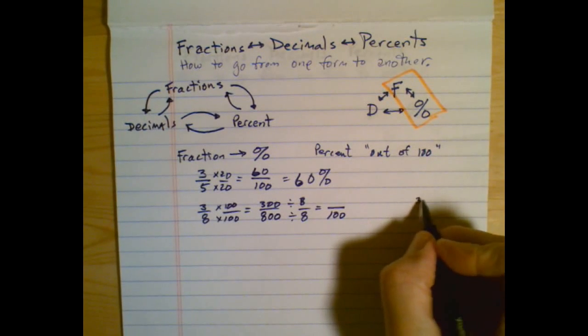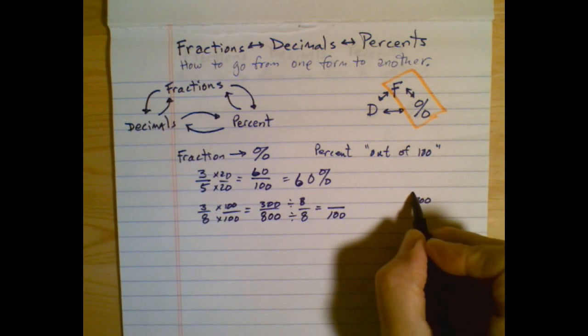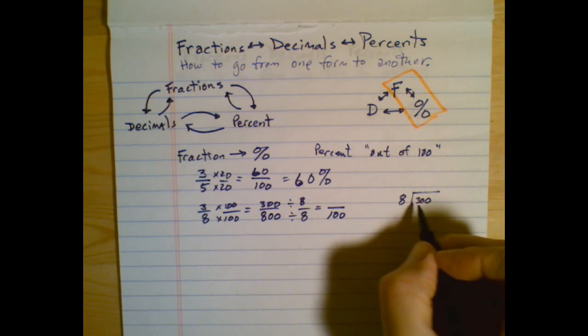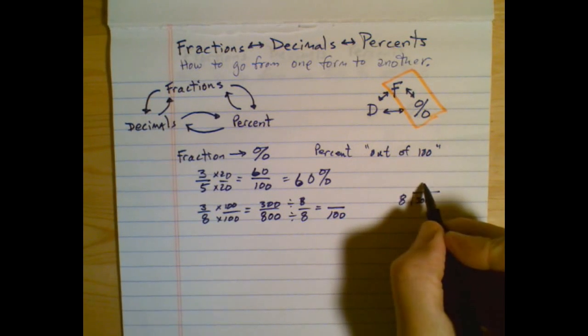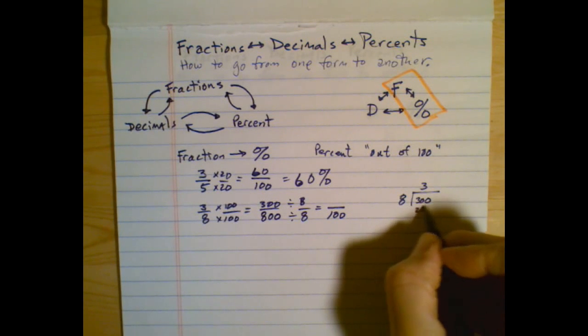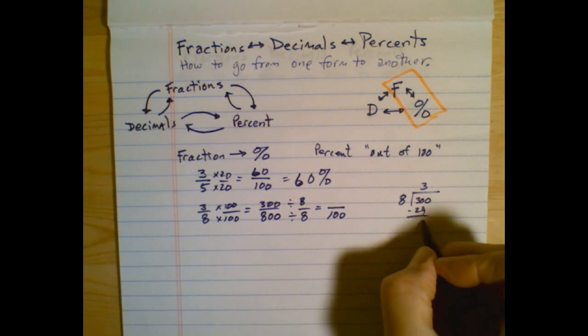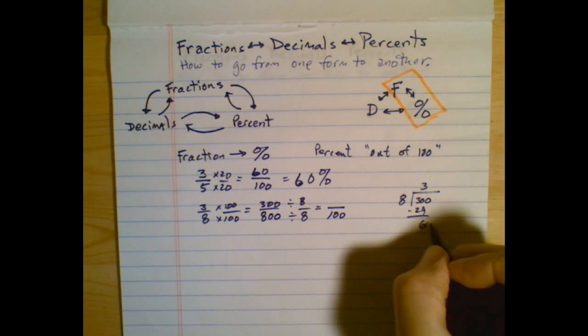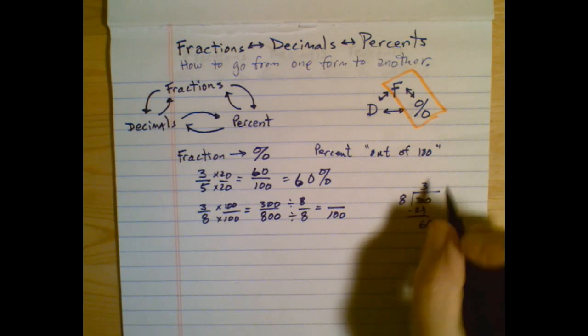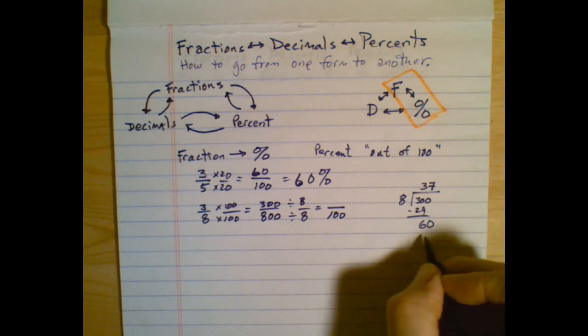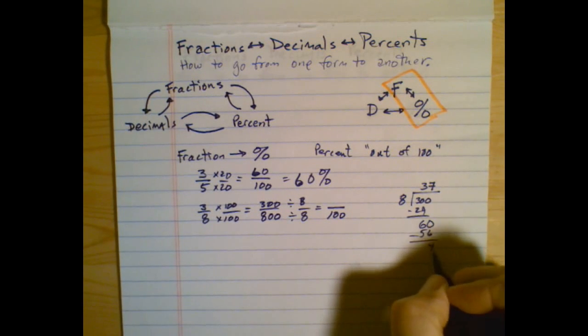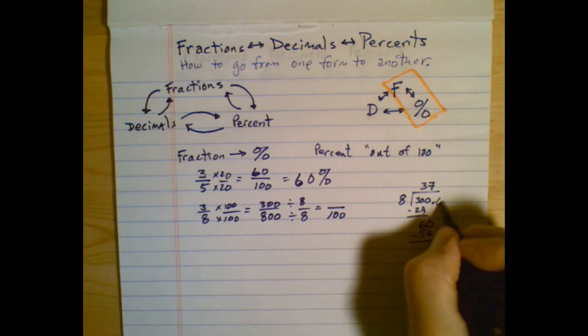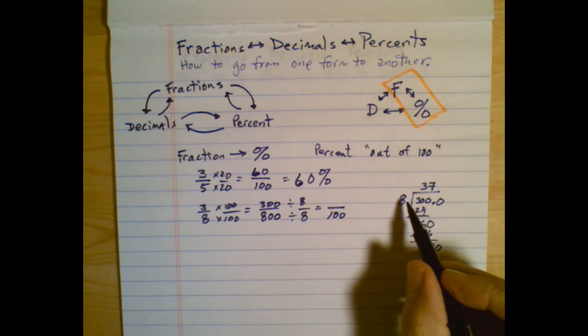So now I just have this problem right here. What is 300 divided by 8? Well, 8 goes into 30 3 times, that's 24. Subtract, I get 6, bring down the 0. 8 goes into 60 7 times, so 8 times 7 is 56. It leaves me with 4. I'm going to have to add a decimal point and add a 0. Bring it down. How many 8's go into 40?